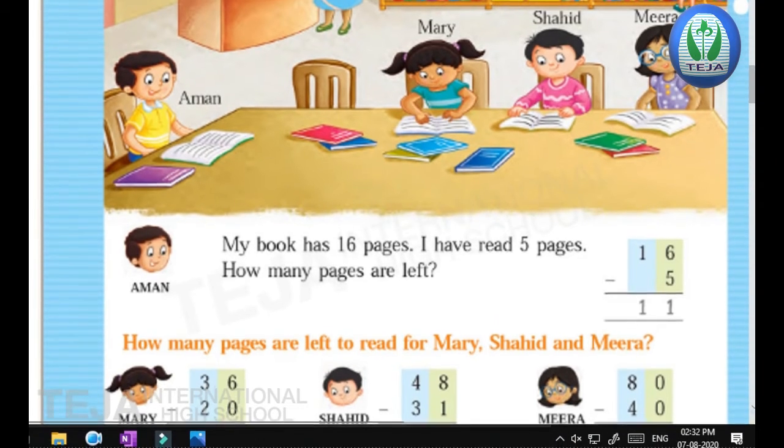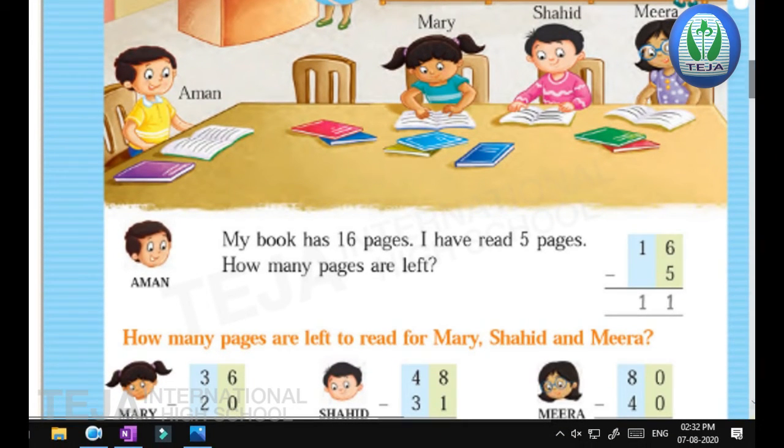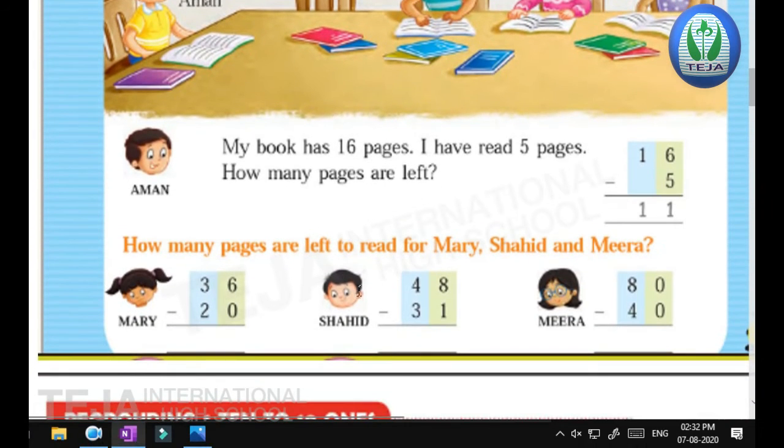Next, Mary. See here, Mary. How many pages are left to read for Mary, Shahid and Meera? Now we know that 11 pages are left for Aman to read.